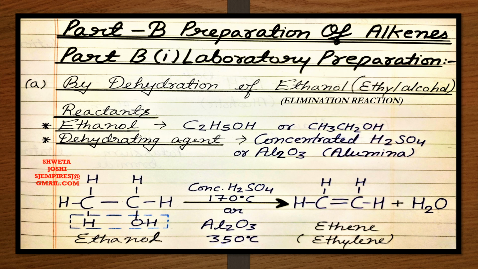So in place of ethene, you will obtain diethyl ether or ethoxyethane. So if you want to form only ethene as the main product, then you have to take concentrated H2SO4 at around 170 degrees Celsius or alumina at around 350 degrees Celsius.